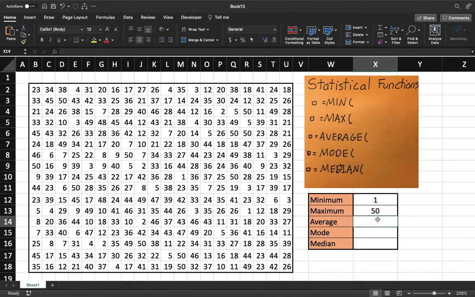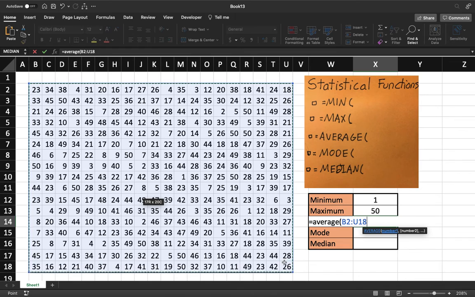Our average, on the other hand, be interesting to see what that is. I'm guessing around 25. But the average is the exact same thing as the mean. You're just adding up all the numbers in the series and dividing it by the number of numbers present. The equals average, and we'll go ahead and highlight the entire series.